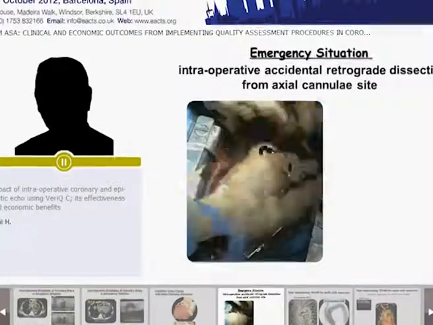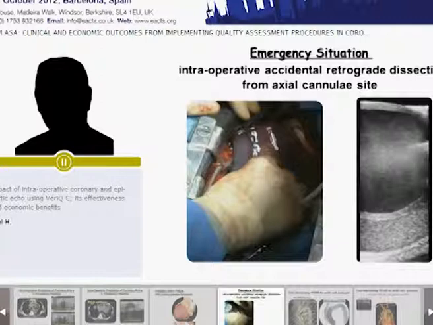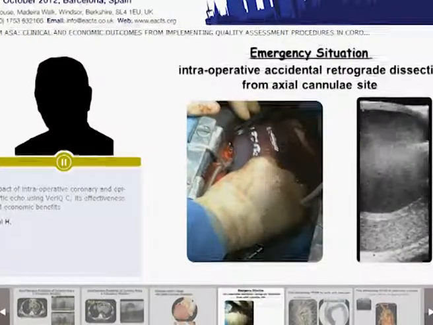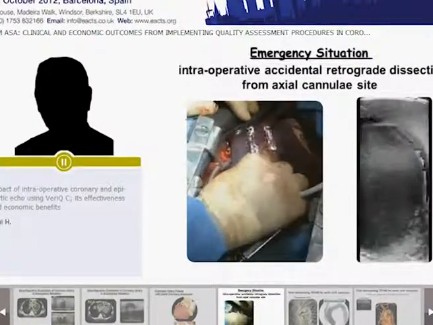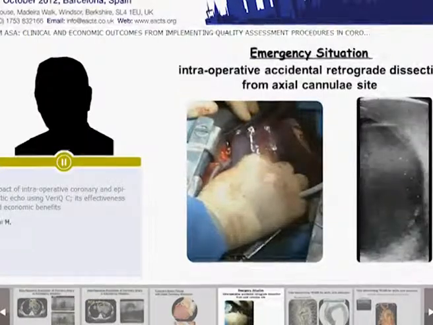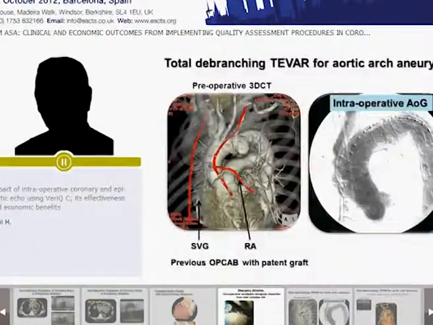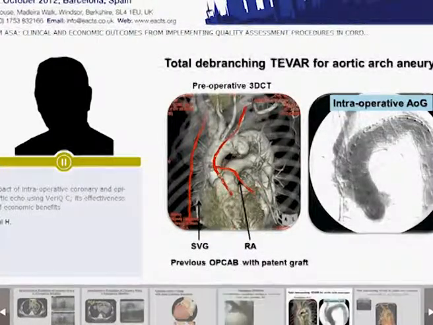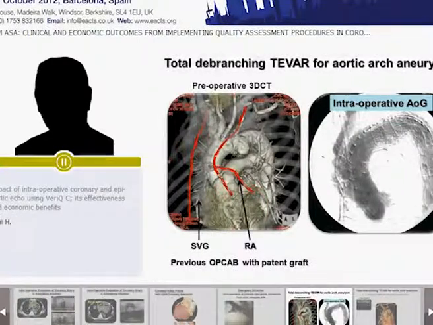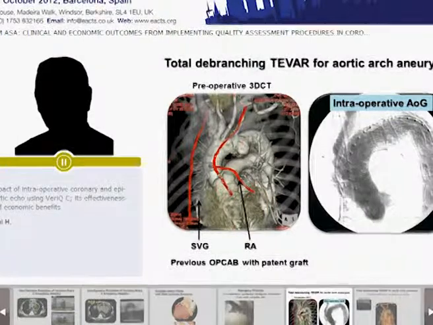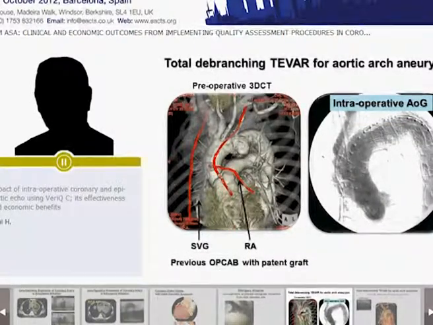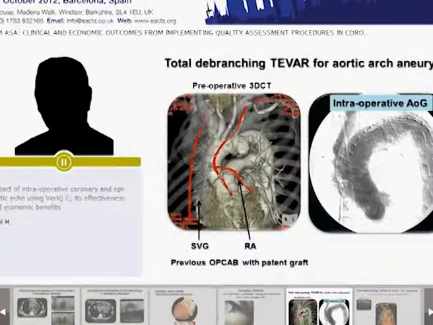This is an accidental retrograde dissection during the operation. VeriQ C easily shows that accidental dissection. And recently, total debranching TEVAR is our practice. But this patient had a previous bypass of the LITA and radial artery to the obtuse marginal and a saphenous vein graft to the right coronary artery.